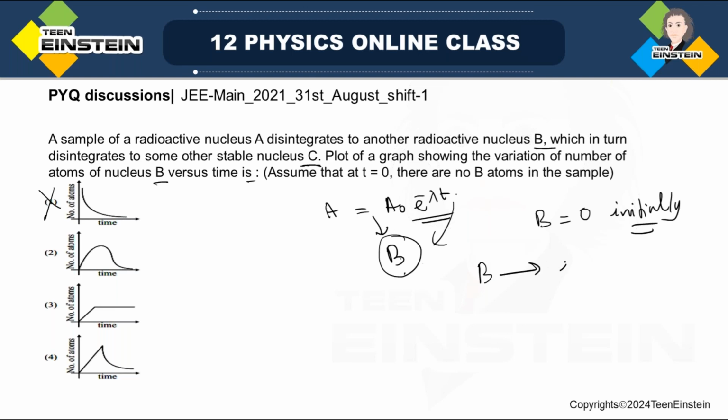B will increase, because one by one these nuclei are generated by the decay of A. Now B has also started to decay, but by the time it starts decaying you will have a good enough number of B nuclei.